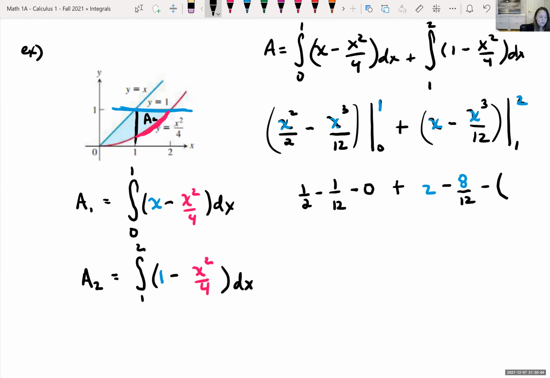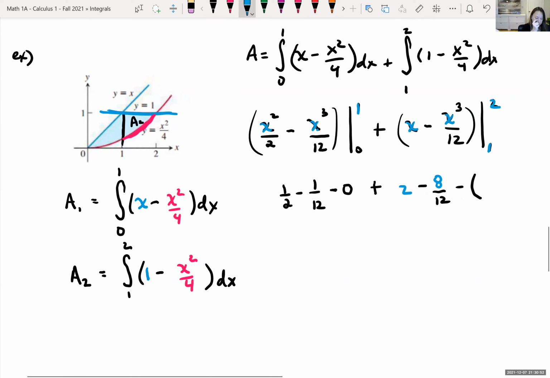Minus, now when we plug in 1 wherever we see that x, we need parentheses around there. Sorry about that. When we plug in 1 for x there, we get 1 minus 1 cubed all over 12, which is 1/12.